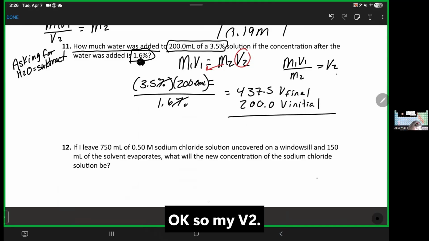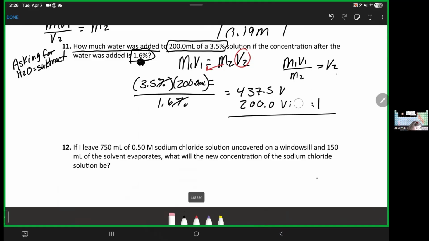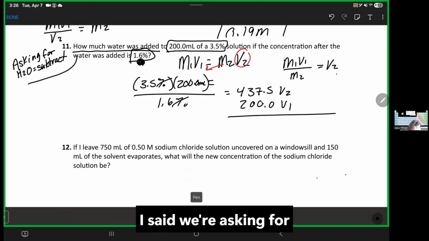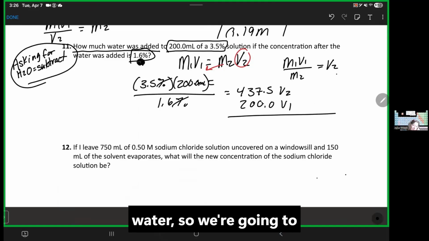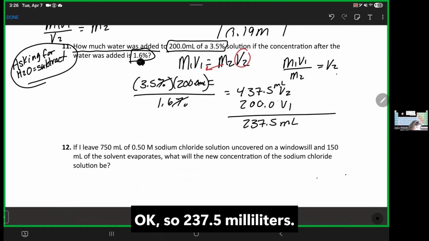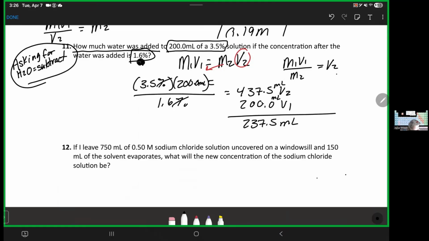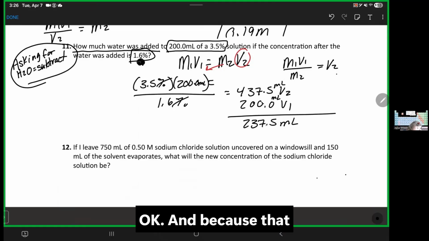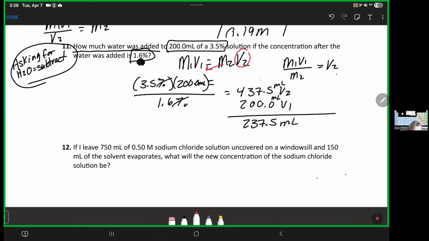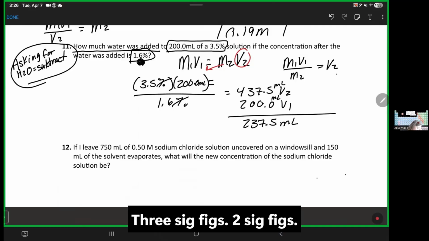Okay, so my V2 minus my V1. Okay, remember I said we're asking for water, so we're going to have to do a subtraction. Okay, so 237.5 milliliters. Okay, and because that was all subtraction, this one here was technically 3 sig figs, 2 sig figs.